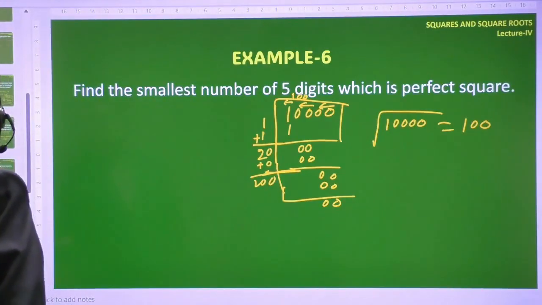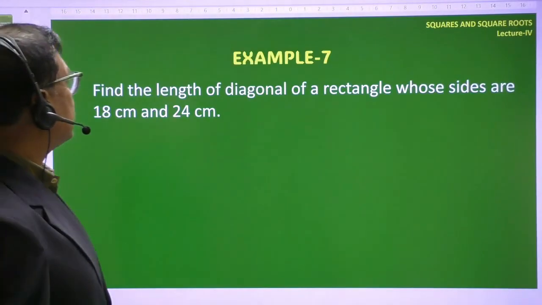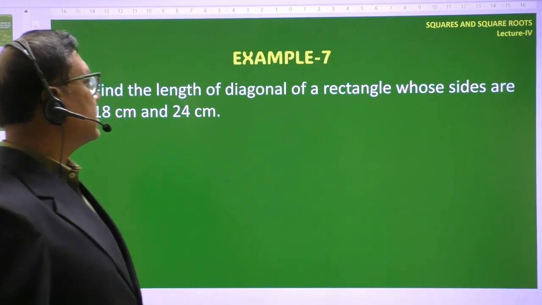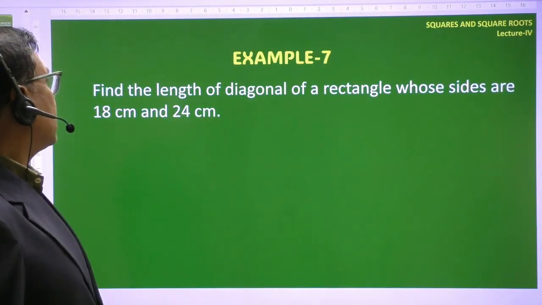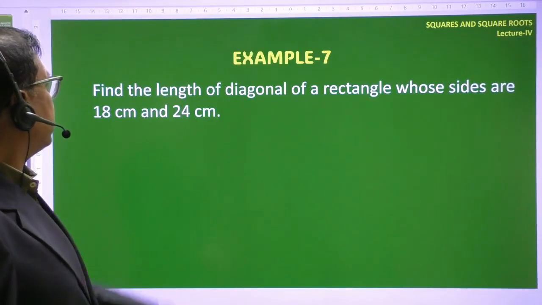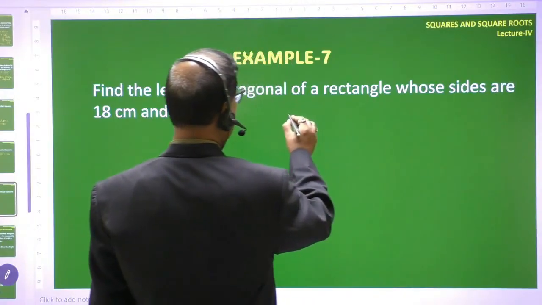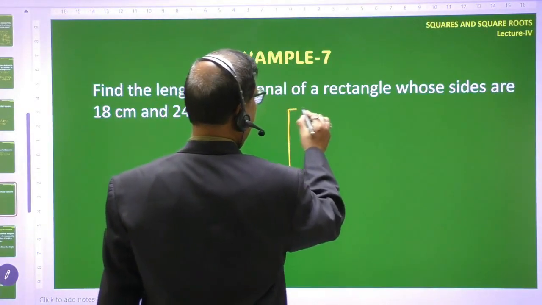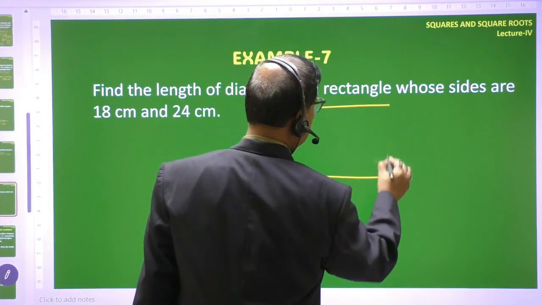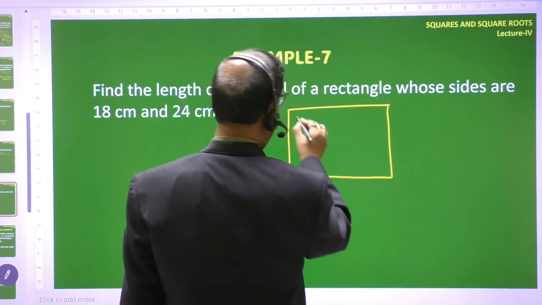Now example number 7. Find the length of the diagonal of a rectangle whose sides are 18 cm and 24 cm. Length of diagonal of a rectangle. We know rectangle means each angle is 90 degrees.